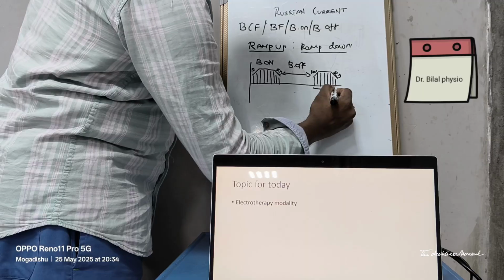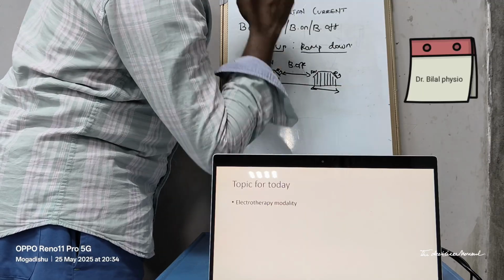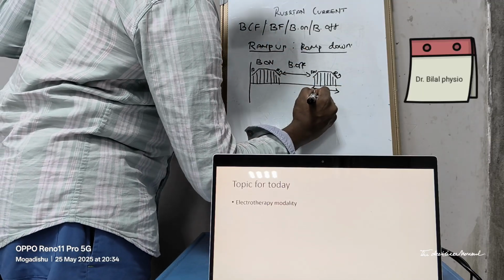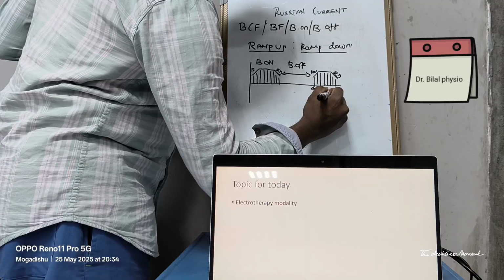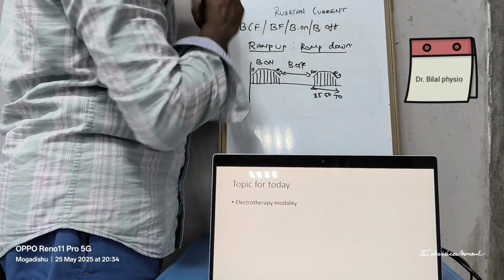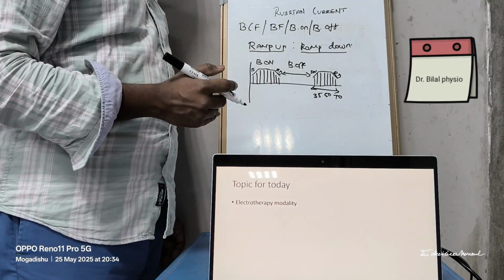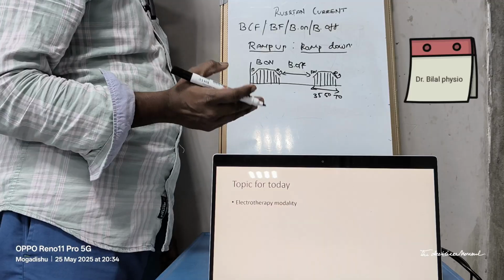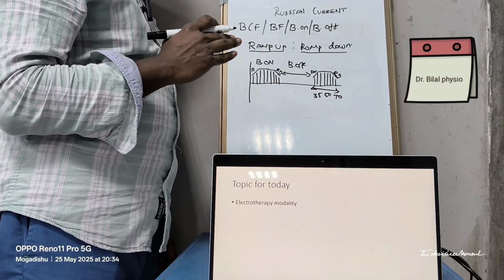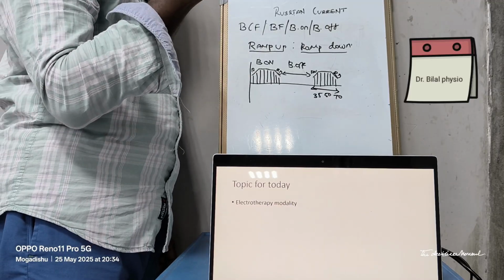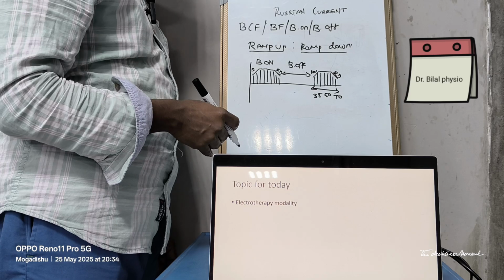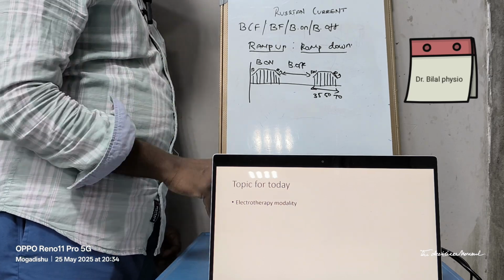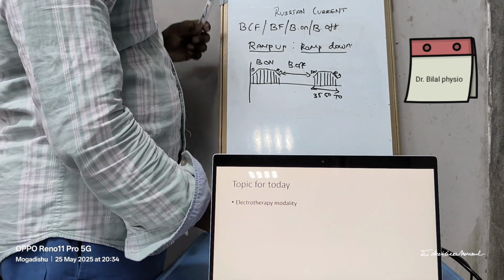This is the burst time where we apply the burst frequency of either 35, 50 or 70 Hertz, which will vary based on the clinical condition or the muscle size. We can reduce or increase the burst frequency to get the clinical outcome.